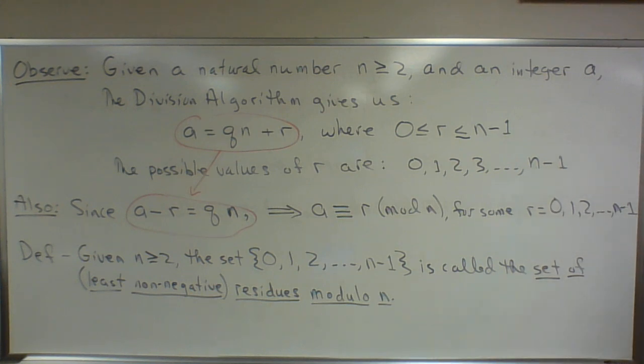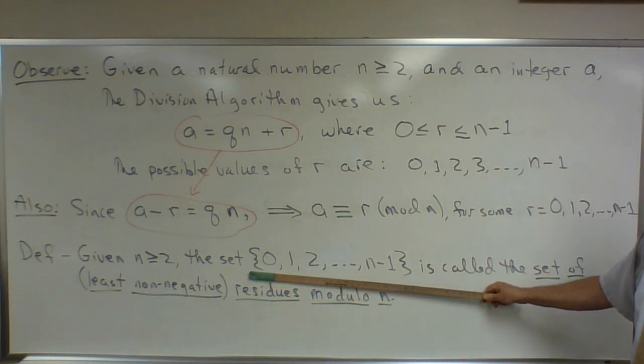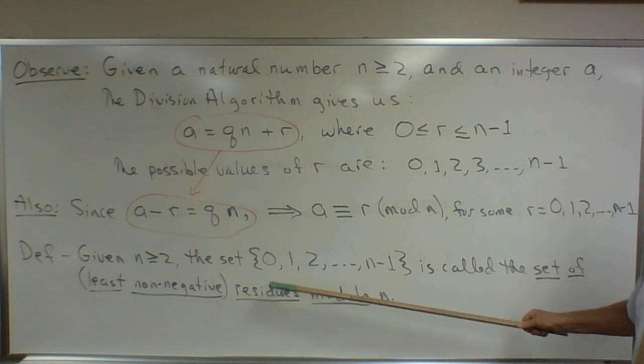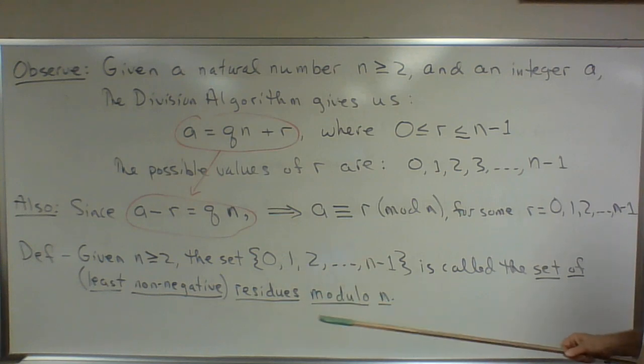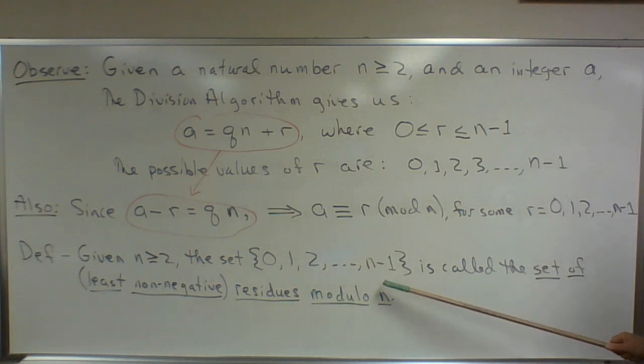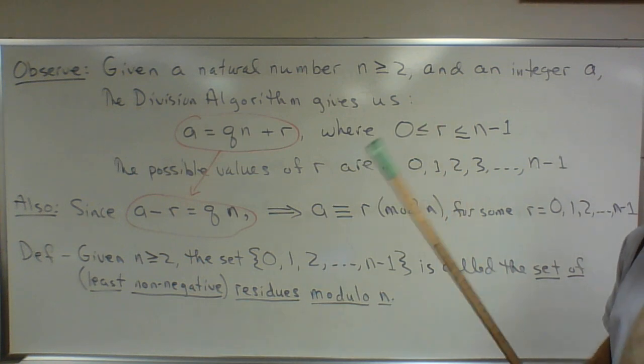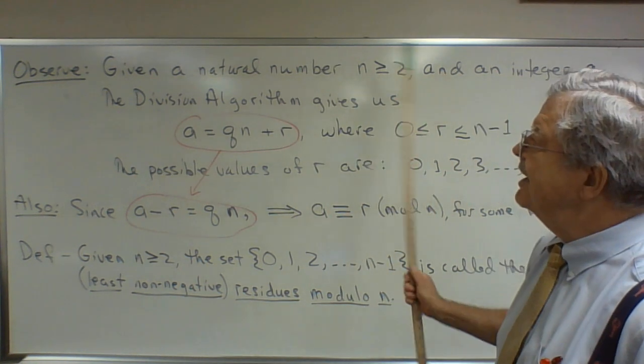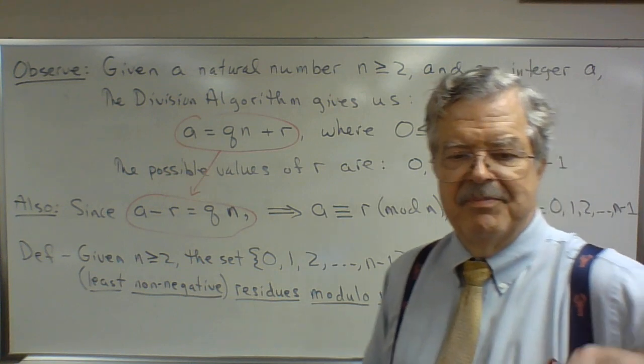Well, that's a fancy title. Just remember that when it comes to arithmetic modulo n, this set of remainders from 0 to n minus 1 is a very special set. And I will comment on that as soon as I erase some of the board.